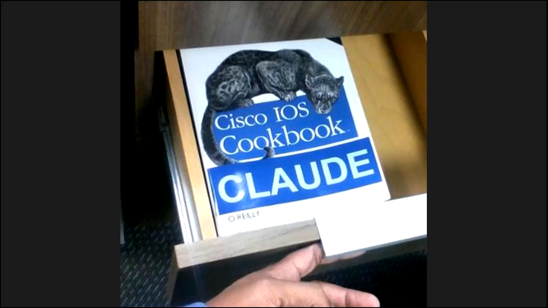Morning. Early Monday morning. Okay, so last I left off with you was part one of the BGP Confederation, and you were looking at a video, and I'm getting the images up here.